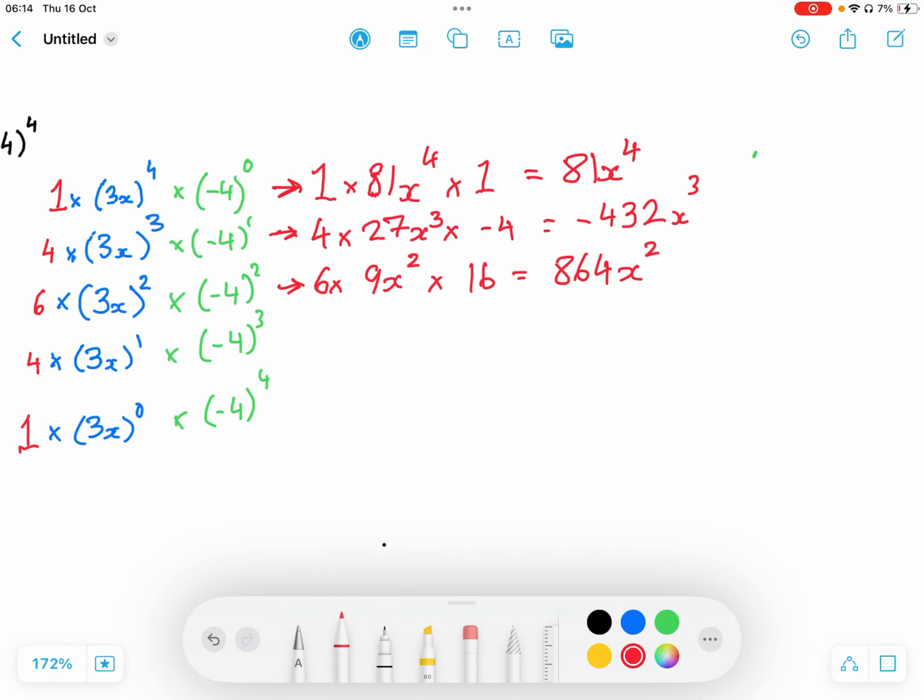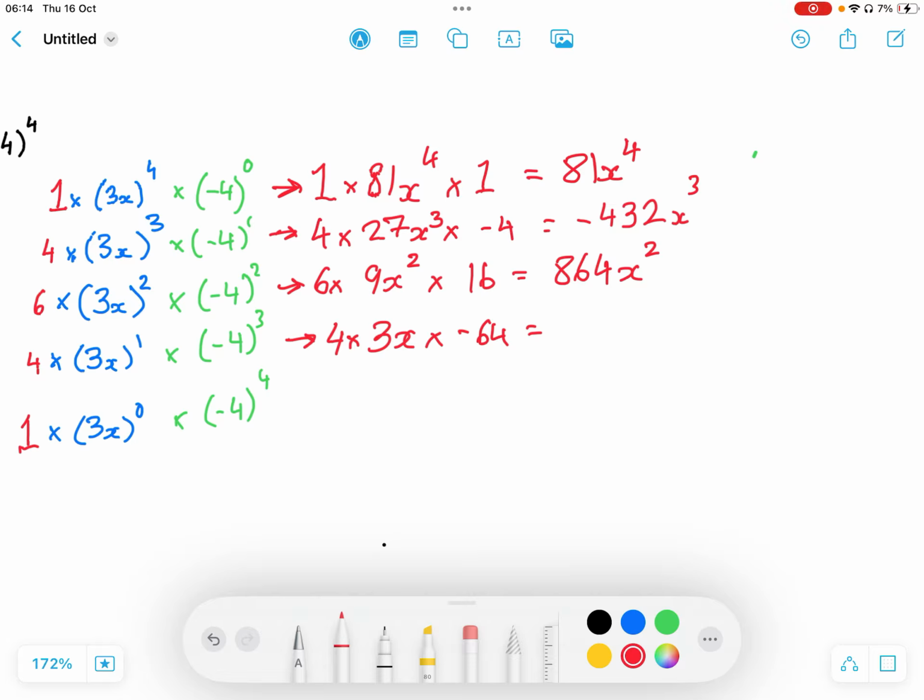Okay, next one. 4 multiplied by 3x to the power of 1, so that's just 3x, multiplied by negative 4 cubed. Negative 4 times negative 4 is 16. 16 times negative 4 is negative 64 again. Okay, so 4 times 3x gives you 12x. 12x times negative 64.